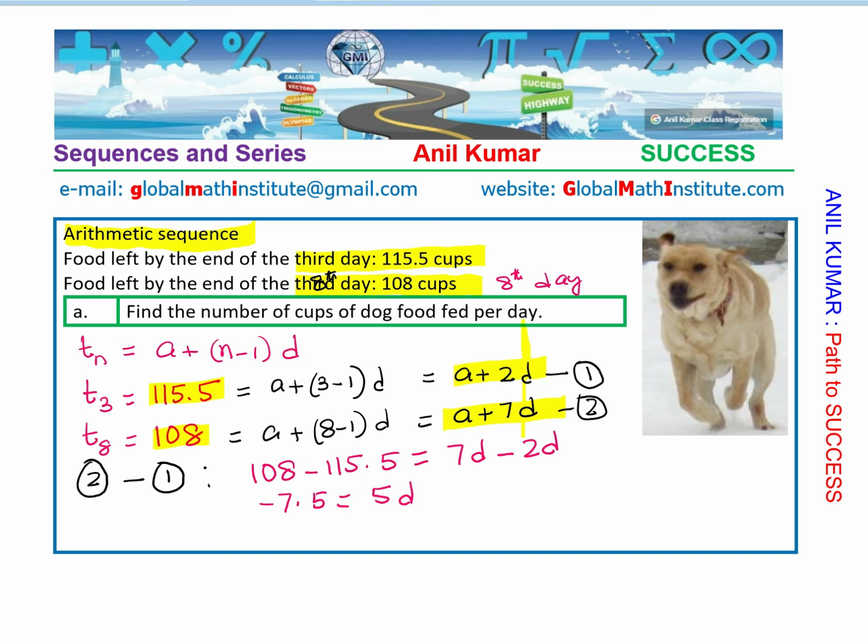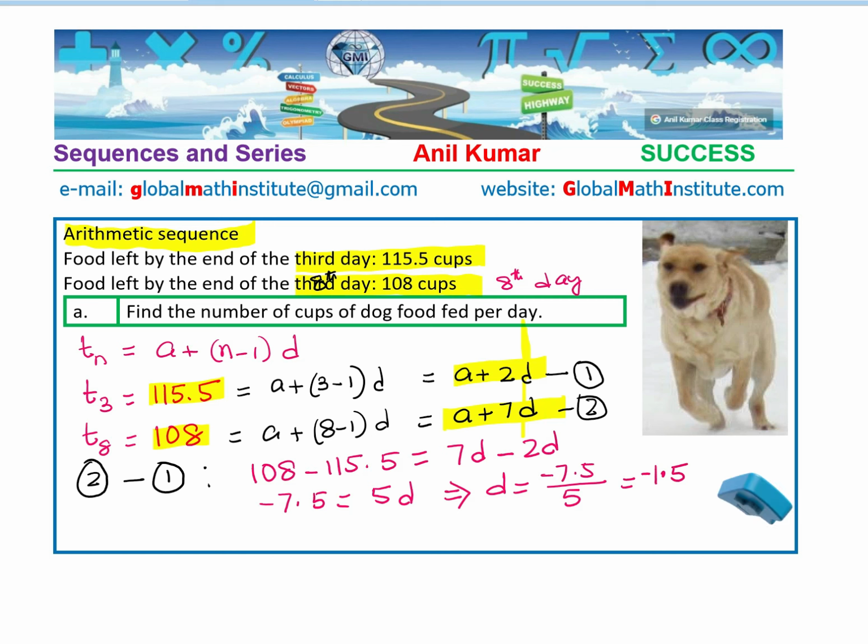So from here, we find the value of d. It is negative, which signifies it decreases. We are dividing minus 7.5 by 5, and that gives you minus 1.5.